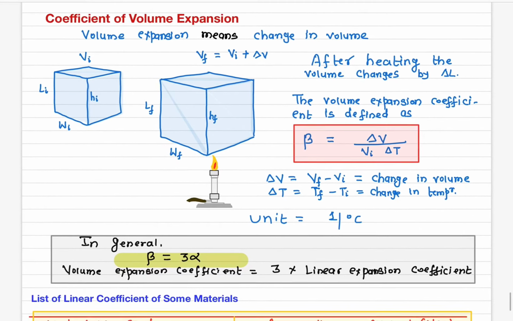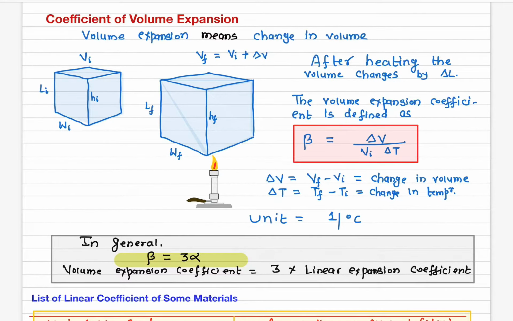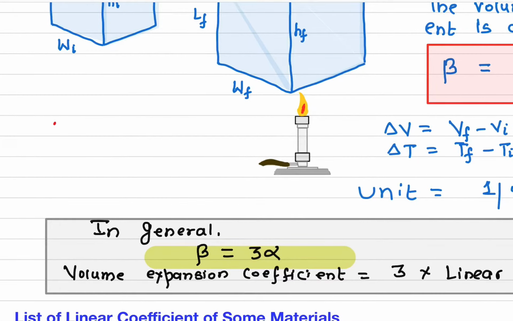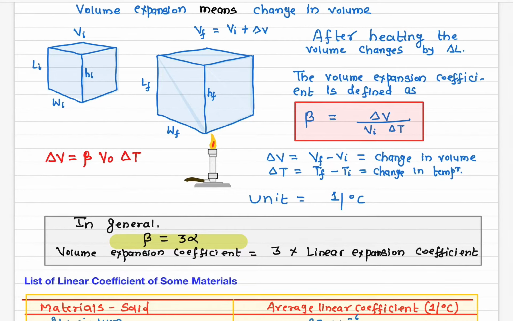And from this equation, you can also calculate the change in volume. The change in volume is equal to beta times the original volume times delta T. This is the formula to calculate the change in the volume.